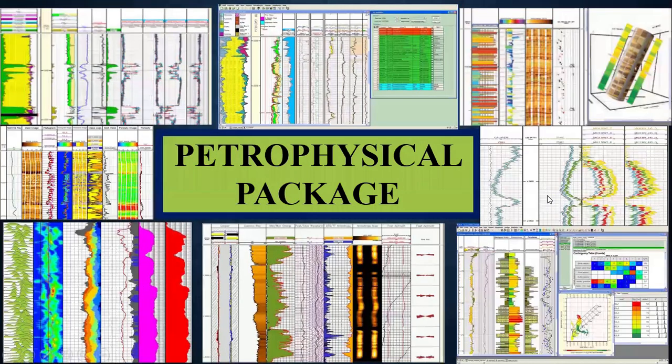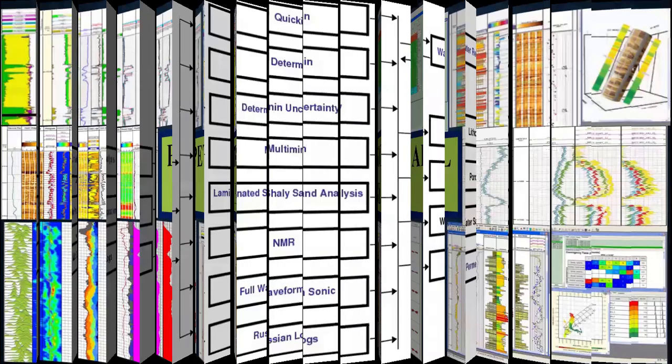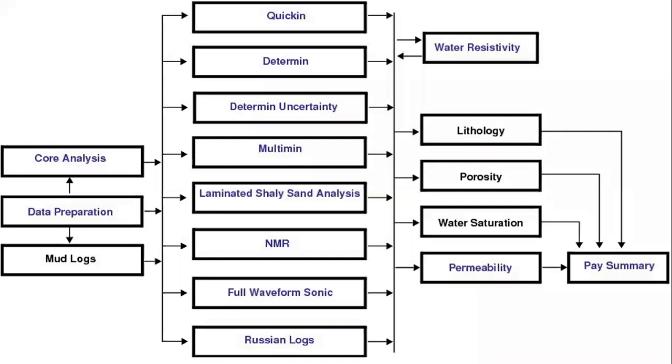Let us focus on the petrophysical package. Here are the basic components. We have the QuickLook module, Determine module, Determine Uncertainty module, multi-min module. Also, we have the thin-bedded sand analysis module, nuclear magnetic resonance module, full wave sonic, and also a module for analyzing Gaussian logs.